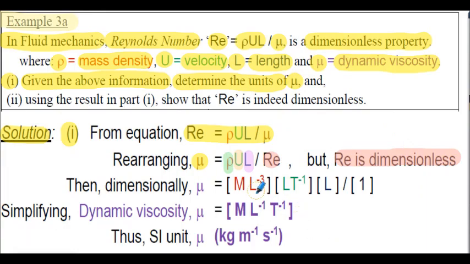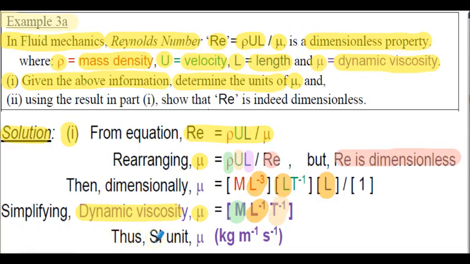So simplifying, on the right hand side, we note we have L to the negative 3, L to the power 1, L to the power 1. Using the first law of indices, that simplifies to L to the negative 1. We still have the M dimension and the T to the negative 1 dimension. So for dynamic viscosity, symbol mu, the dimensions are M, L negative 1, T negative 1.